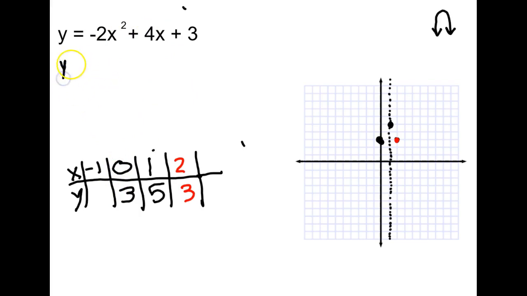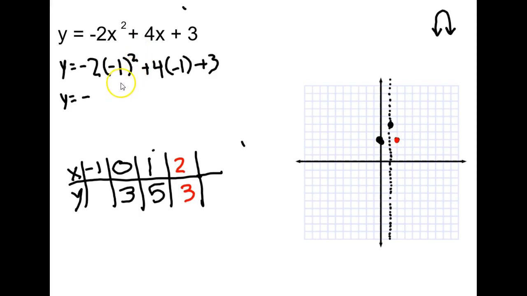So I'll write this one out. Y equals negative 2 times negative 1 squared, right? We're putting a negative 1 in for x, plus 4 times negative 1 plus 3. Then we're just going to go through and see what y is if x is negative 1. So let's see here. Negative 1 squared, we have to do that first.